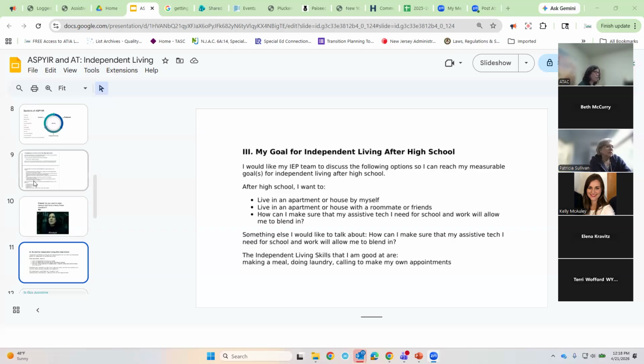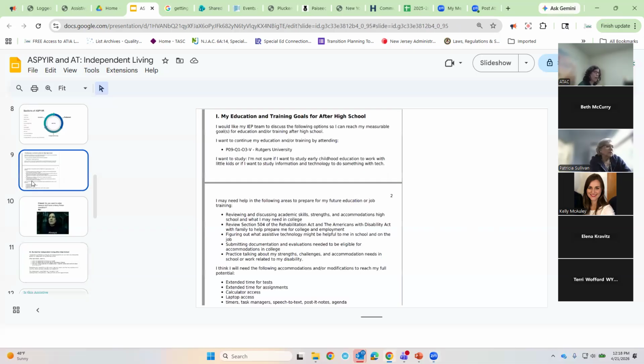Going back to the slide that shows us accommodation needs, timers, task managers, speech to text, post-it notes, and an agenda, whether physical or via a phone or a laptop, are all tools that can be used and are very valuable in independent living.